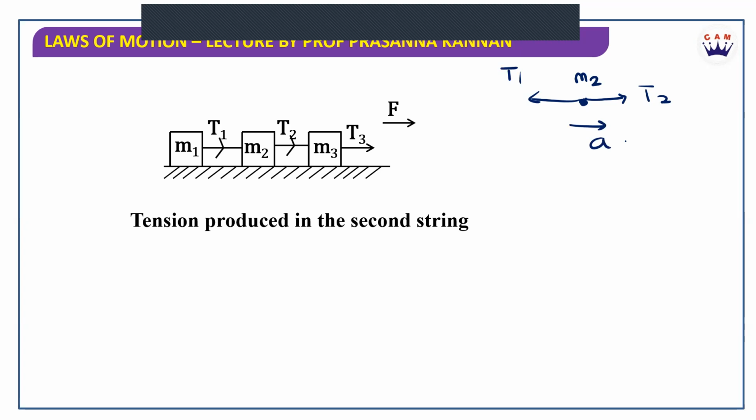But still it is moving with an acceleration A. So how can you write this? T2 minus T1 is equal to M2A. But already we found what is T1. What is T1? M1A. So you can substitute there.